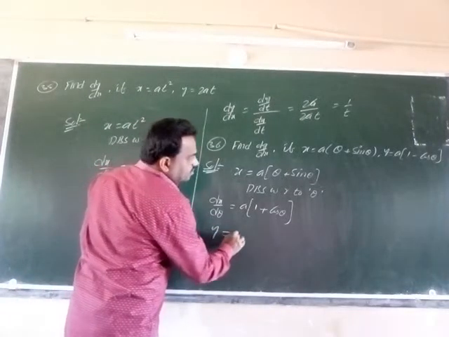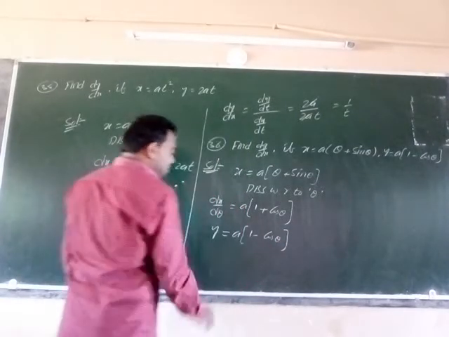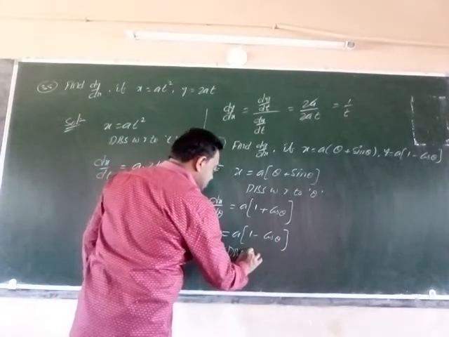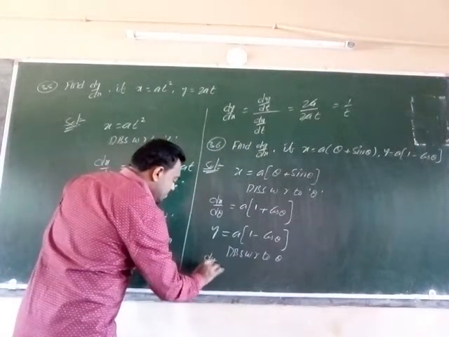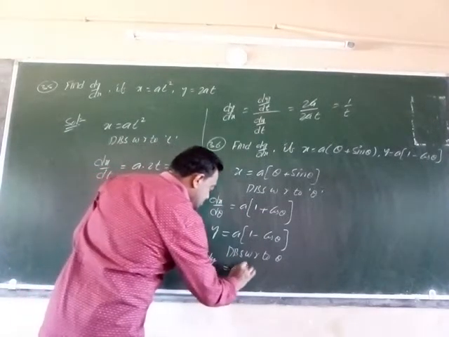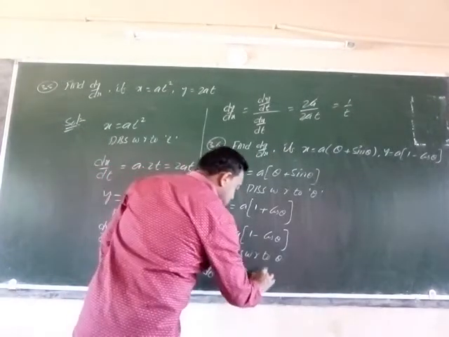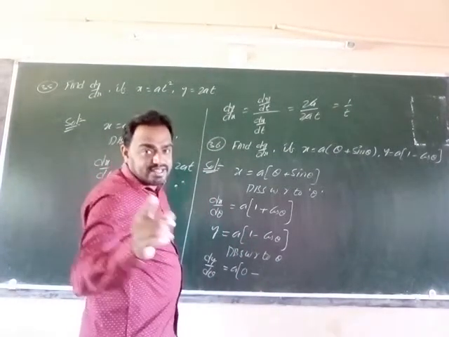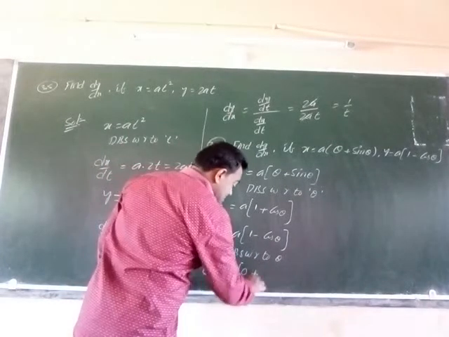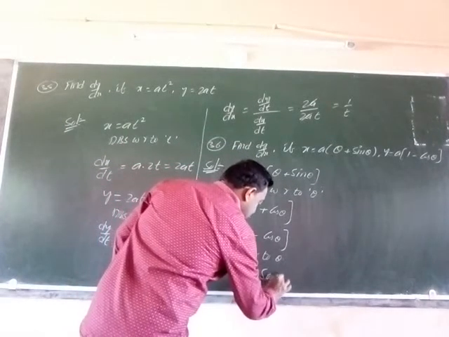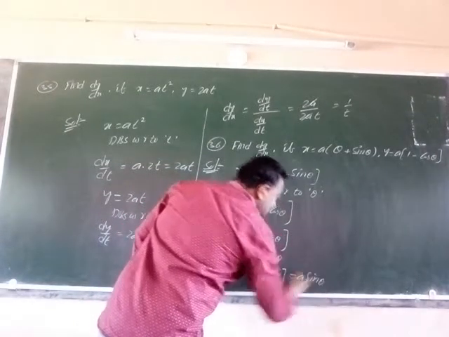Now y equals a into 1 minus cos theta. Taking the derivative on both sides with respect to theta, dy by d theta equals a into the derivative of 1, which is 0, minus the derivative of cos theta, which is minus sin theta. So minus times minus gives plus, and the total result is a sin theta.